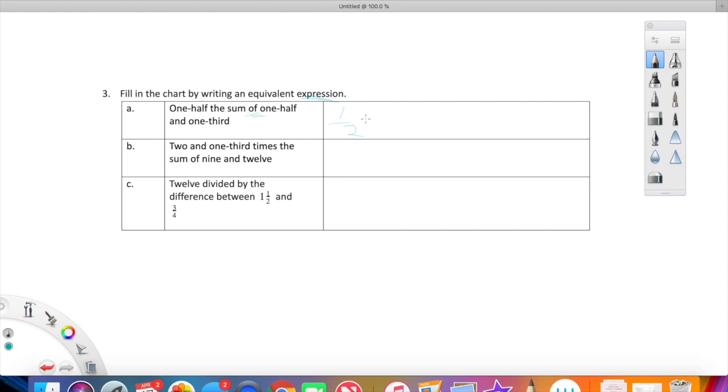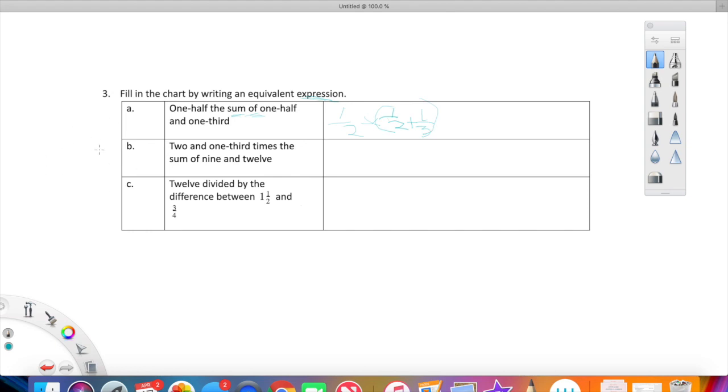Sum is add. So we're going to do parentheses, 1/2 plus 1/3. So that's the first one.